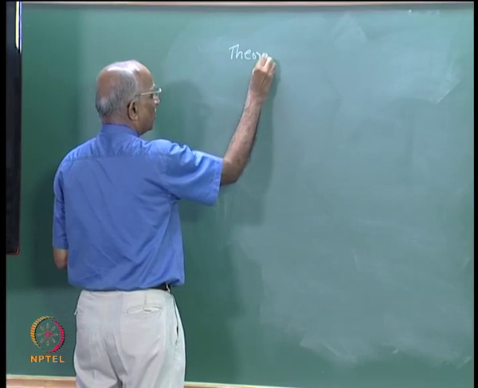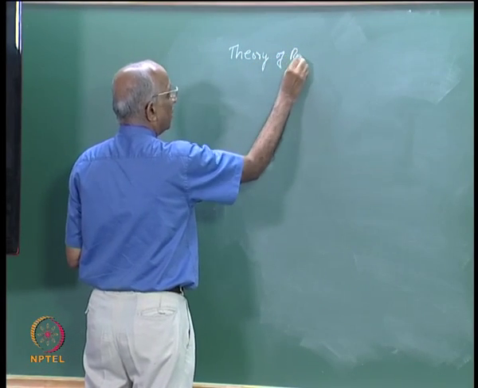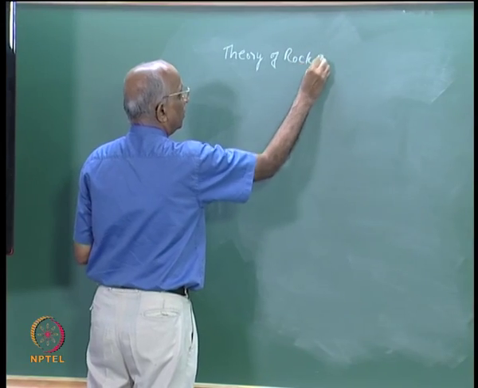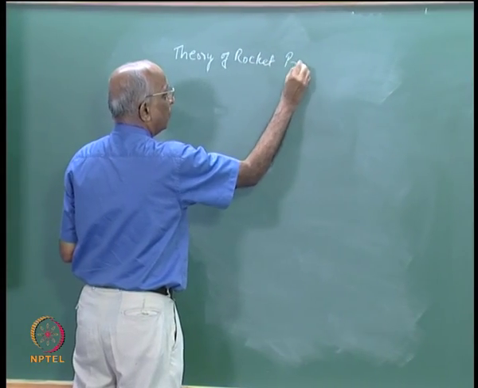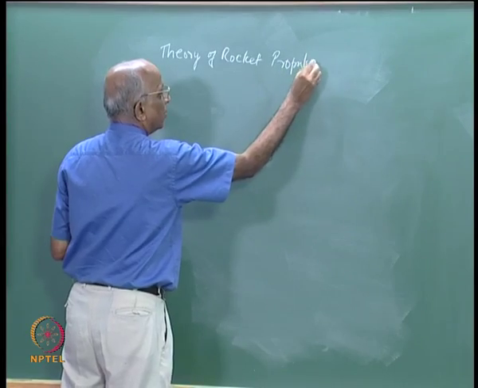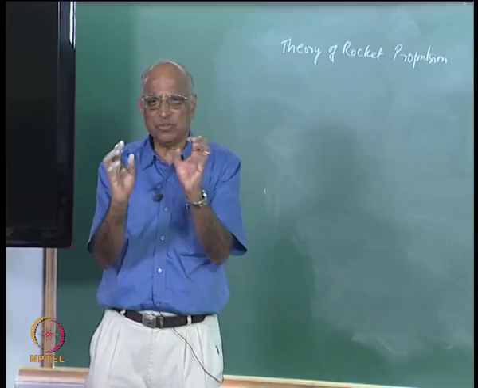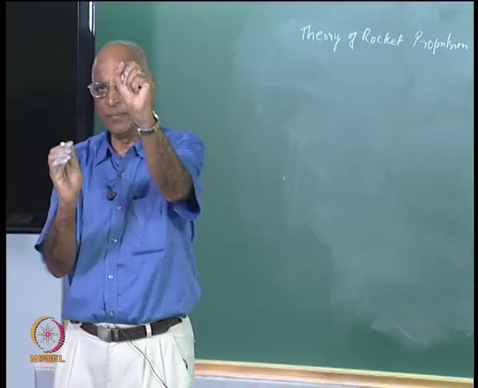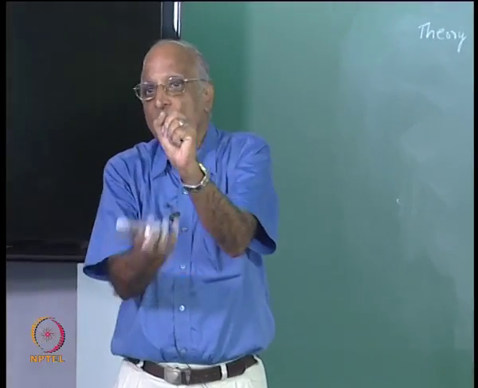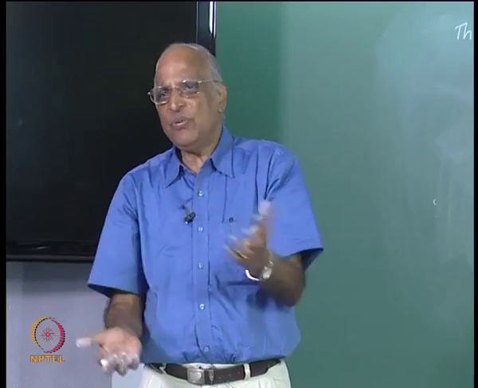This brings us to the theory of rocket propulsion. All we are saying is I must give some momentum to the body, and how do I give momentum? I throw some mass out of the body. Therefore, let us take an example.